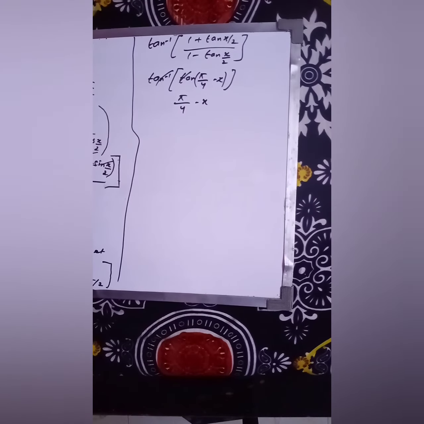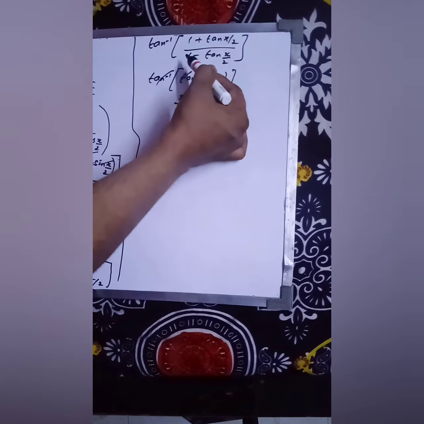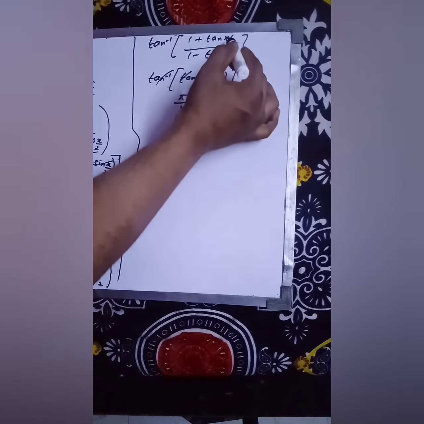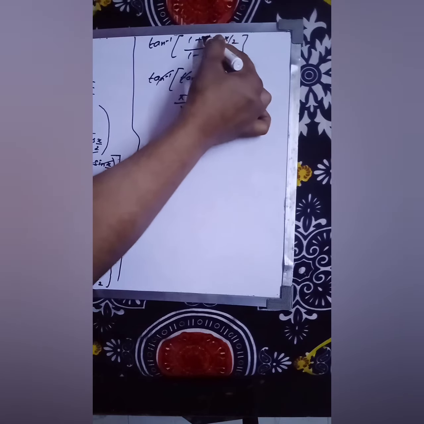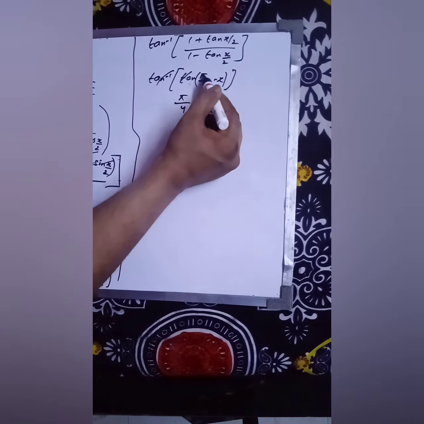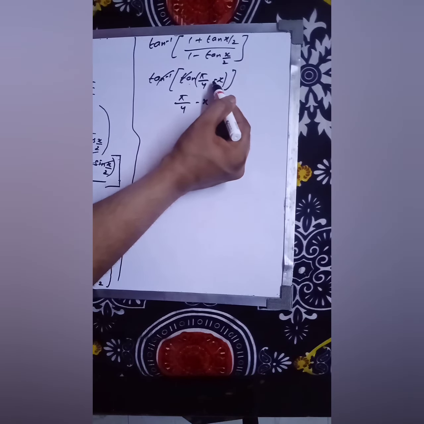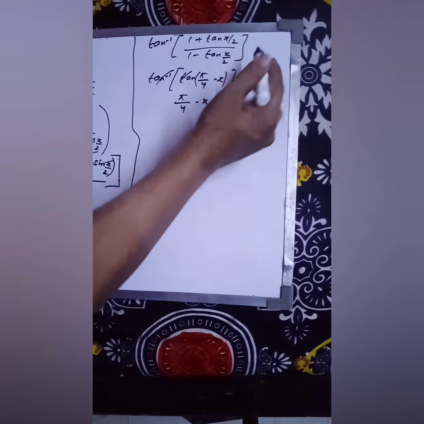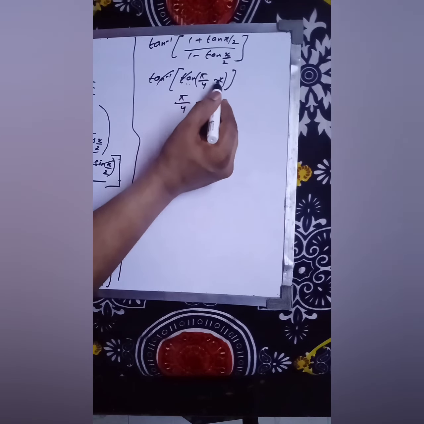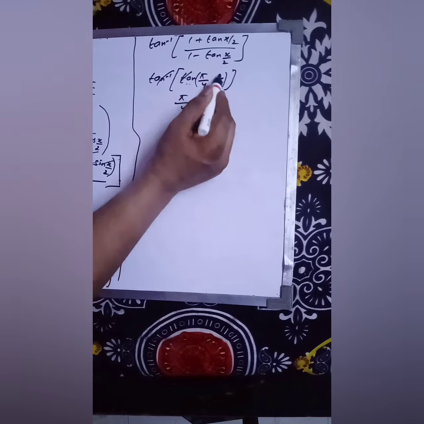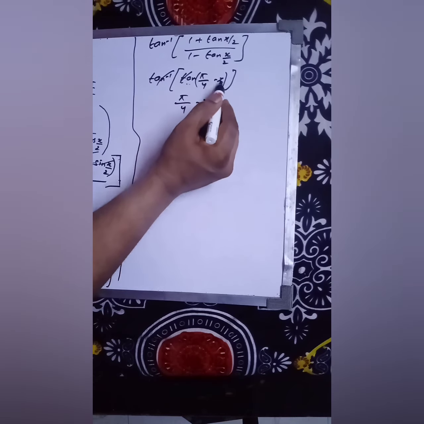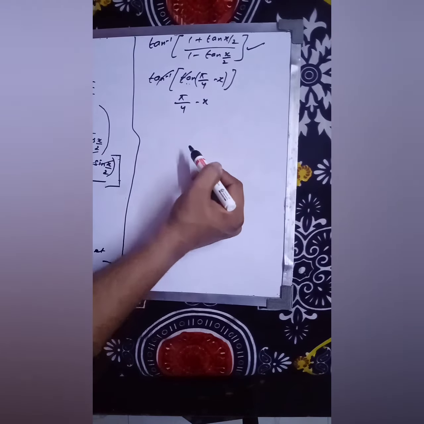Now (1 plus tan x by 2) over (1 minus tan x by 2) is the formula of tan of (pi by 4 minus x by 2).